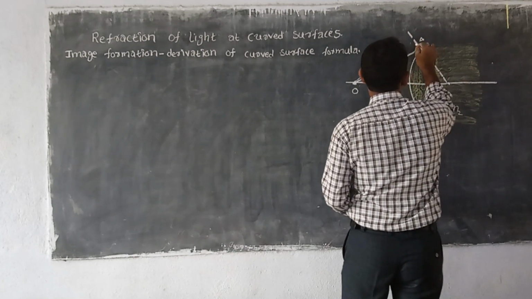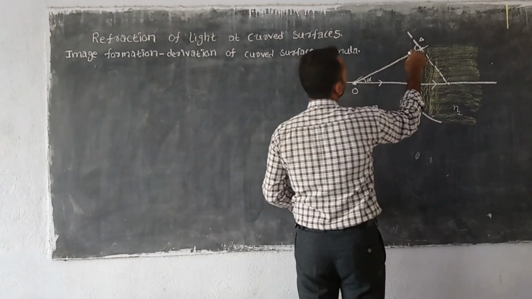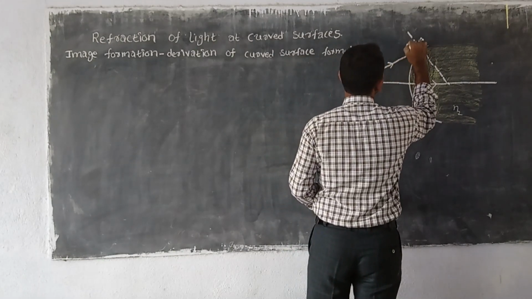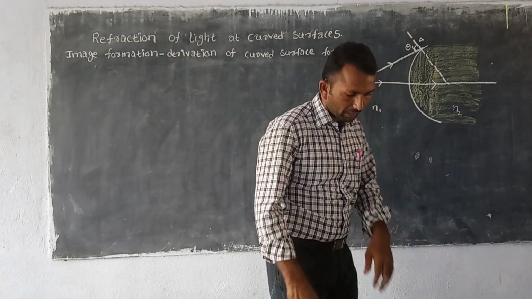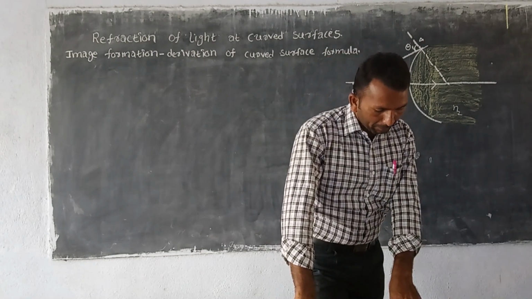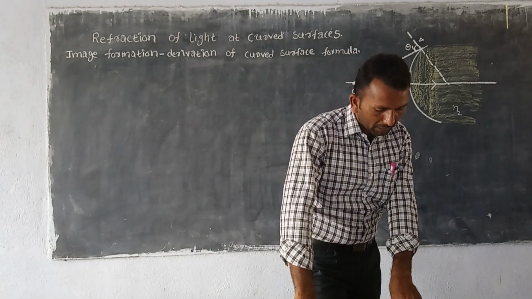The angle between the normal line and the incident ray is called the angle of incidence, and this is θ1.